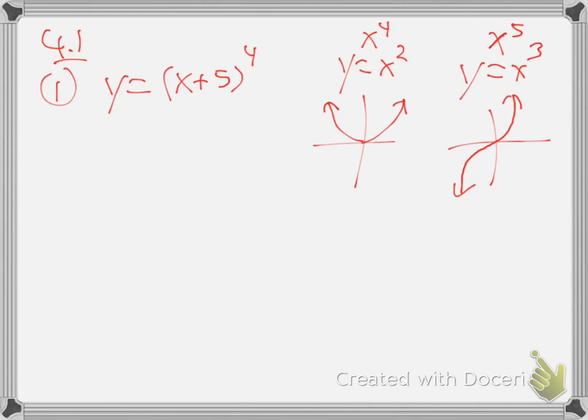Are we good? Do you see why the odd powers do a snake thing? Because you can get positive or negative with an odd power. You know what I mean? If I plug in positive 2 and negative 2, if you plug in positive 2 cubed, you're going to get positive. Negative 2 cubed will come out negative, won't it? 3 negatives comes out negative.